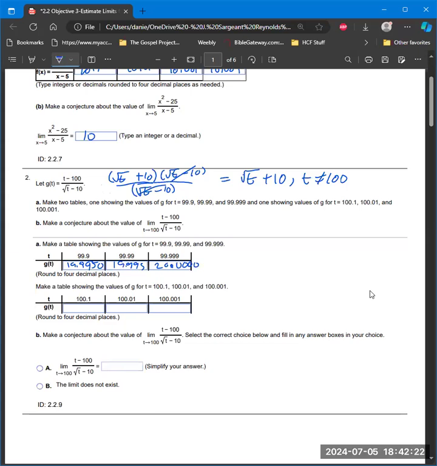And on this side, we get 20.0050 and 20.0005, and then 20.0001, and we're getting closer and closer to 10 plus 10 is 20. That limit exists.